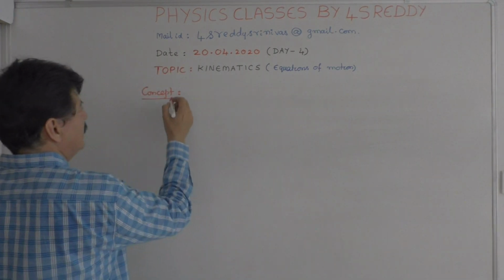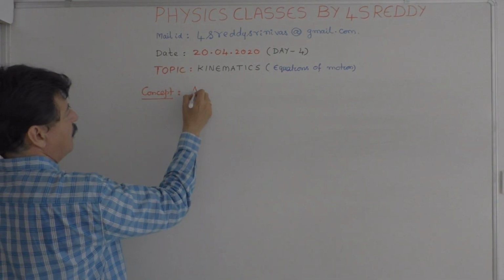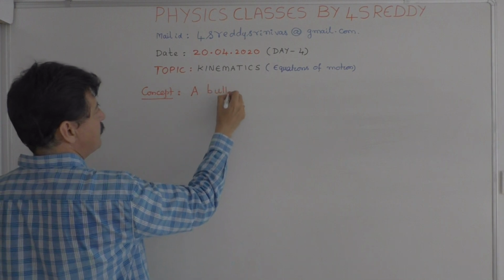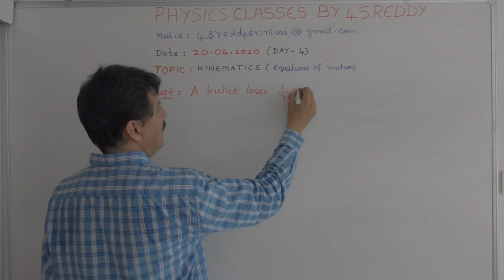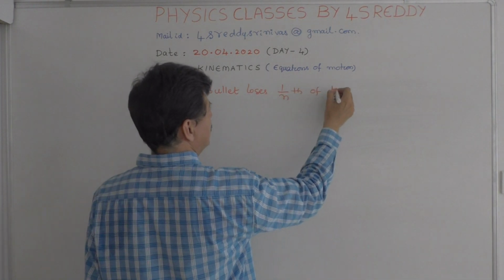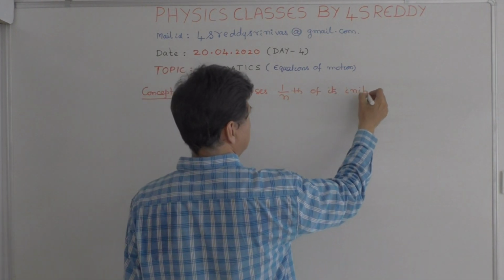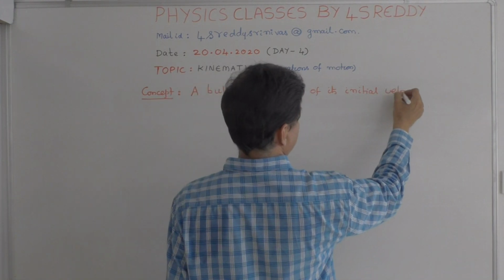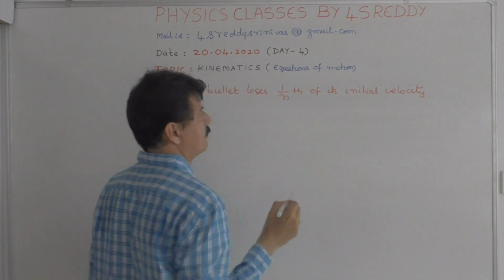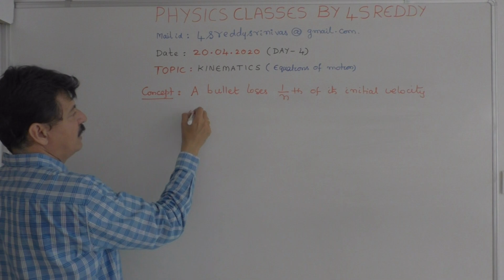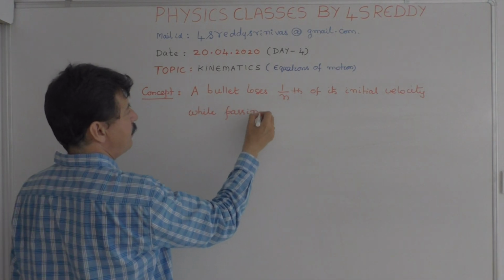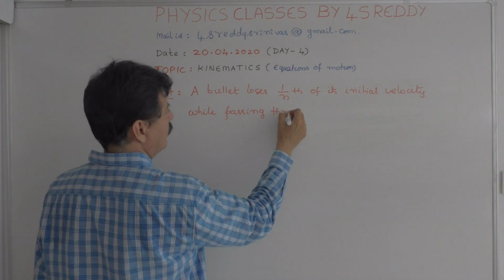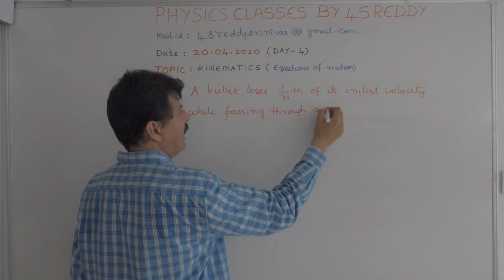Suppose in that, let us say the concept, a bullet loses 1/nth of its initial velocity while passing through a plank.